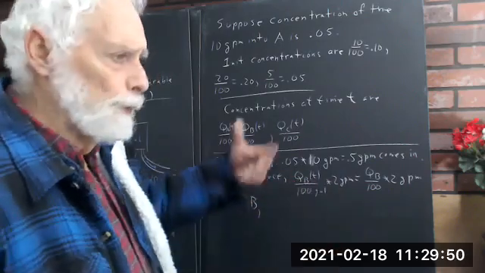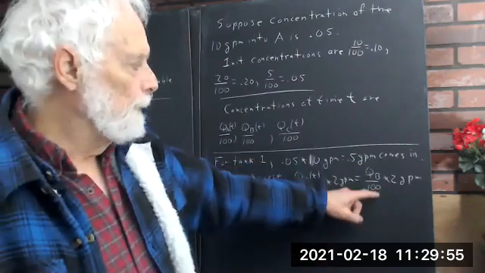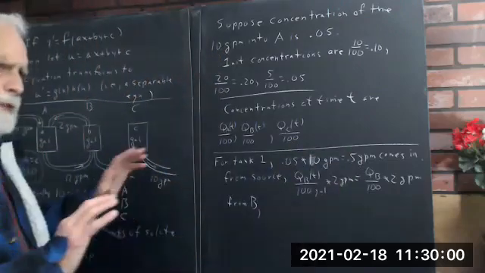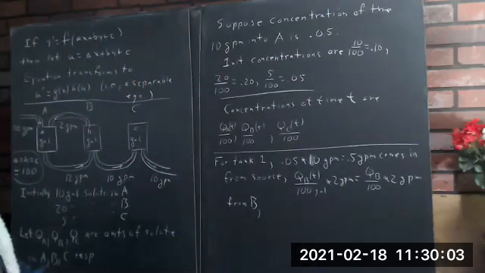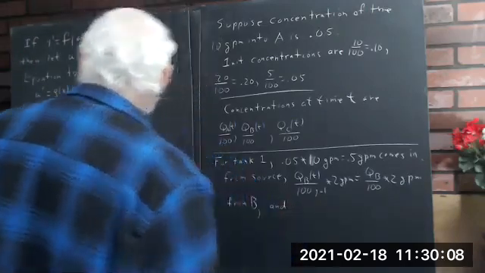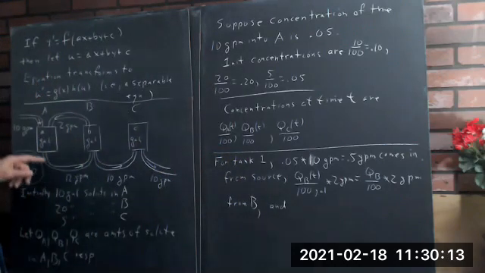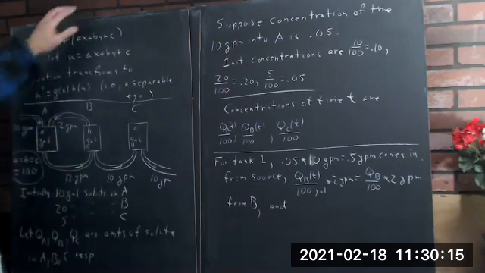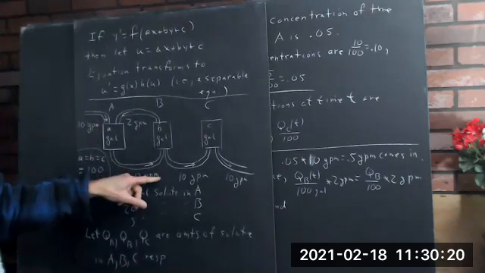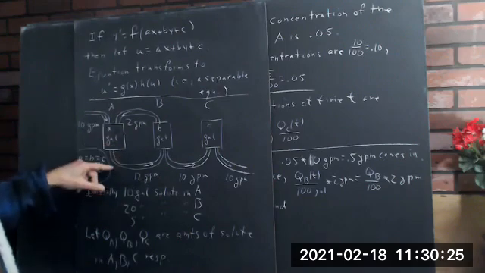So the amount of solute, or the rate at which solute is coming in, and it's a constantly changing rate in this case, is QB over 100 times 2. And that's in gallons per minute. We're going to suppress the units in a minute. And we have 12 gallons per minute coming out of tank A. So the 12 gallons per minute is carrying solute at concentration QA over 100.